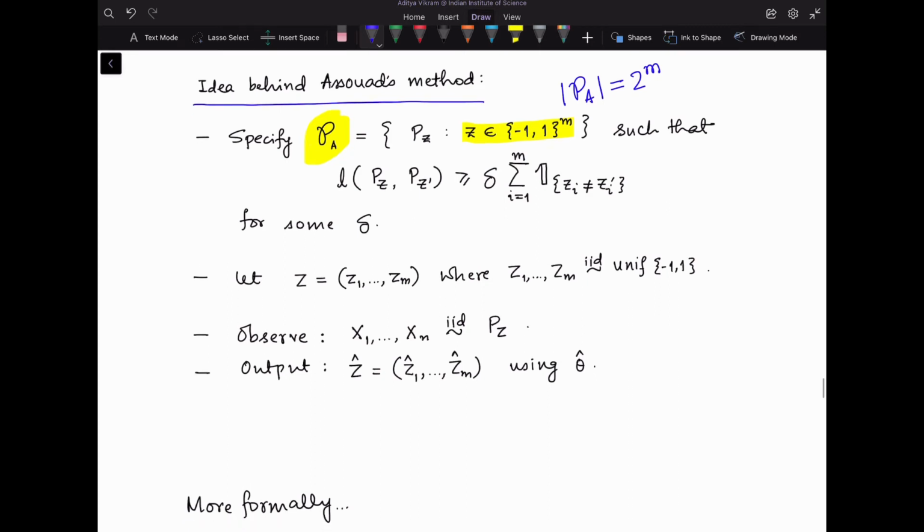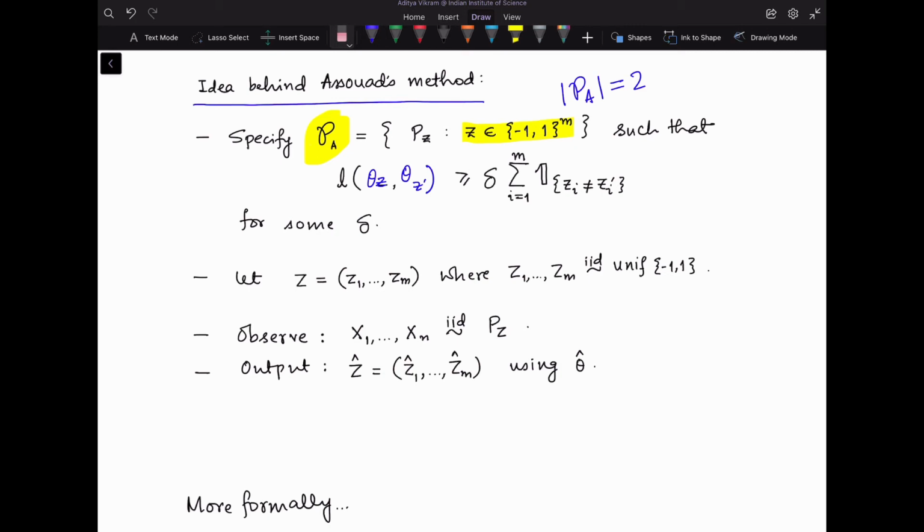Okay, and we create this family in such a way that this L, so this should be theta z and theta z dash, right? So the distance between theta z and theta z dash in terms of L is at least delta times the Hamming distance between z and z dash for some constant delta.